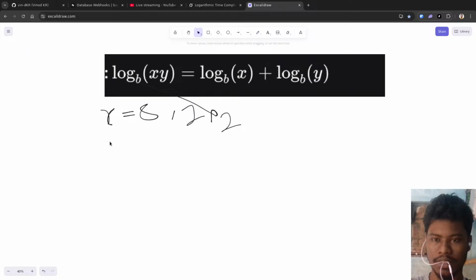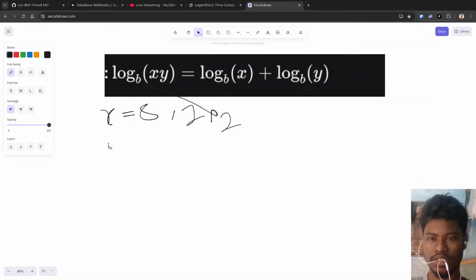That means log base 2 of 8 into 2. Is it equals to log 2 of 8 plus log 2 of 2?